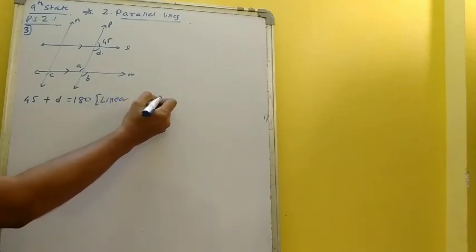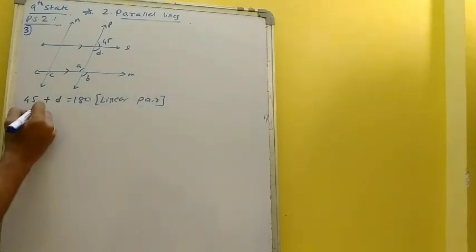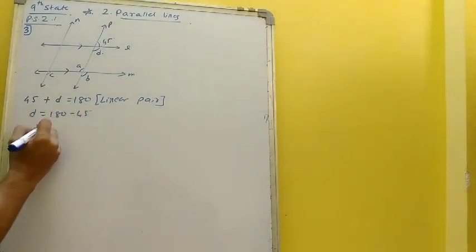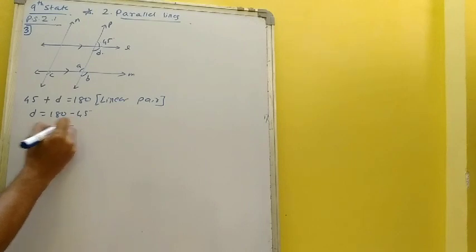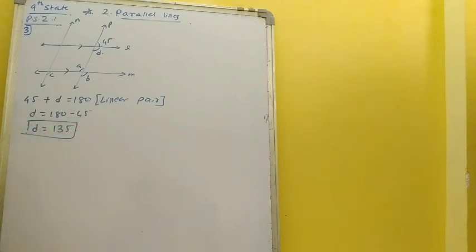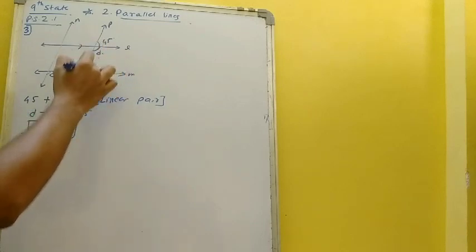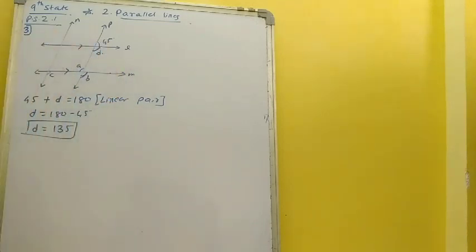Linear pair. So, D is equal to 180 minus 45. So, D is equal to 135. Now, L and M are parallel lines, and can I say that D and B are the angles below the line?